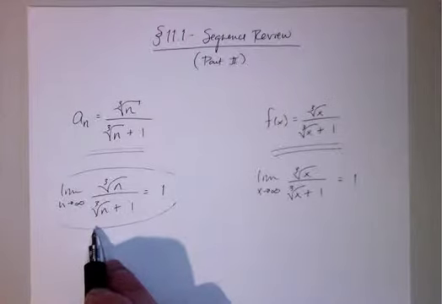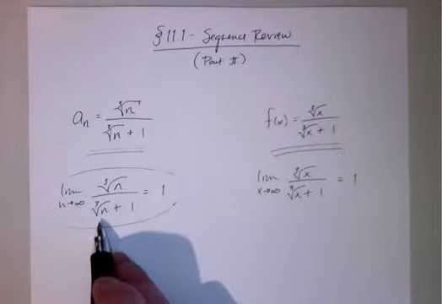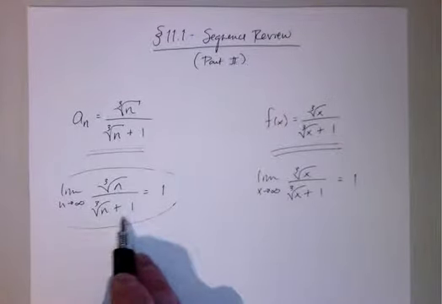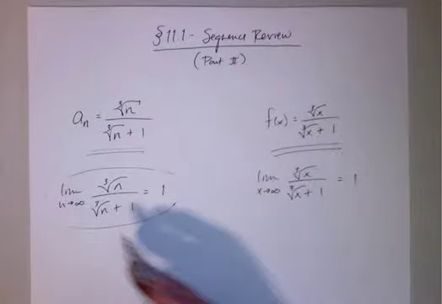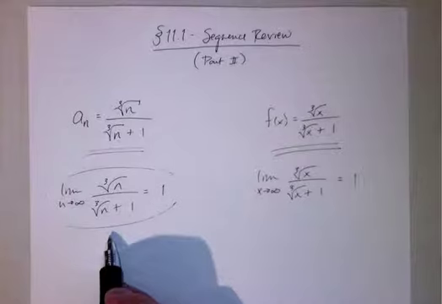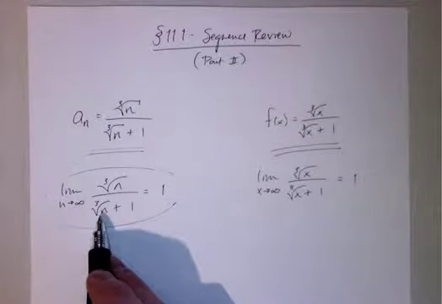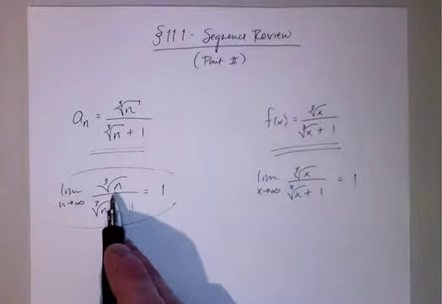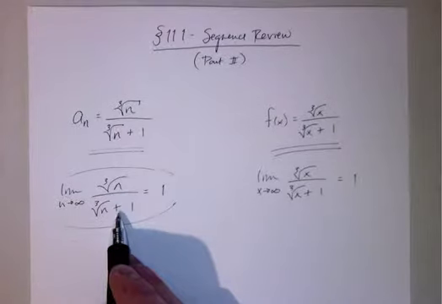But as you increase and increase the numbers that you're plugging in for n, this +1 numerically starts to matter a whole lot less in determining the value of that ratio. If you're plugging in 2 billion, that +1 is kind of negligible.